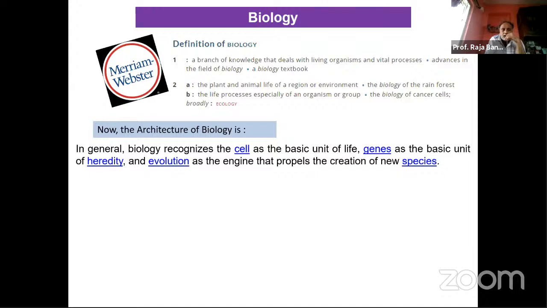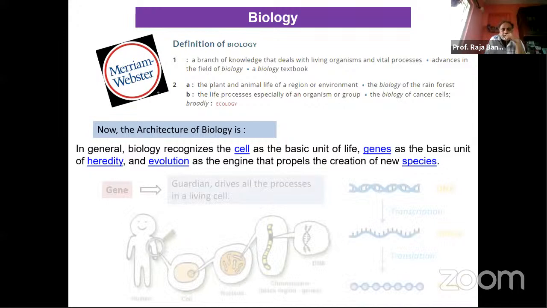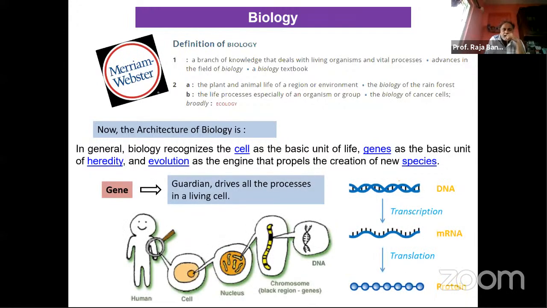Yesterday we understood a little bit of evolution from variations and others. In a nutshell, the gene acts as the guardian that drives the process, regulatory function, and makes the information keep a living cell alive.